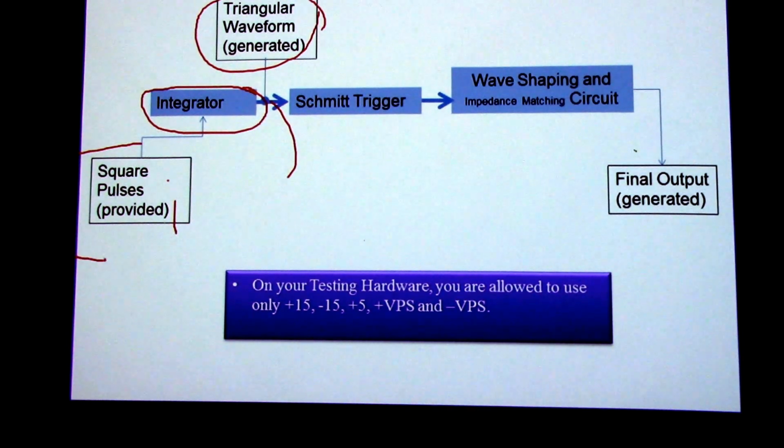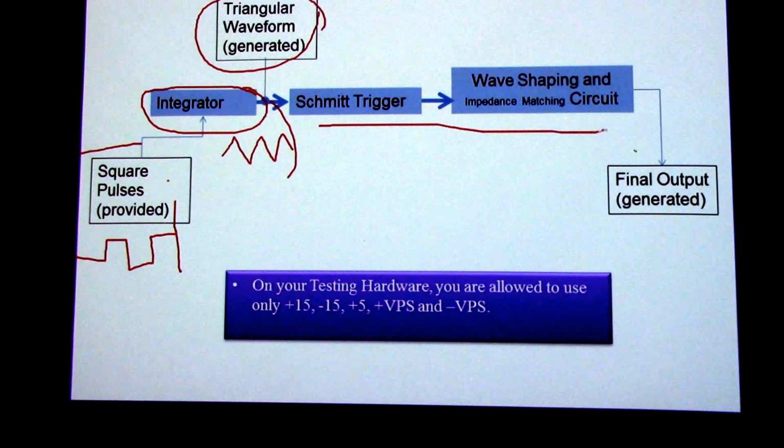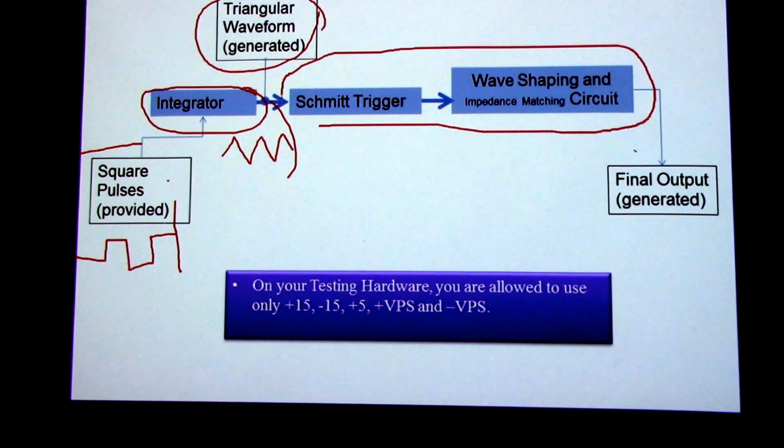So you put the squares, you get the triangles, then you get the Schmitt trigger, wave shaping circuit, impedance matching circuit if you want, and then you have the final output, which is something like this, and off and something like this. And on your testing hardware, you are allowed to use plus 15, minus 15, plus 5, plus VPS, and this, except the square pulse.